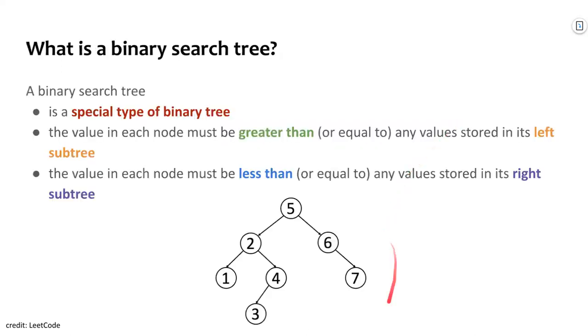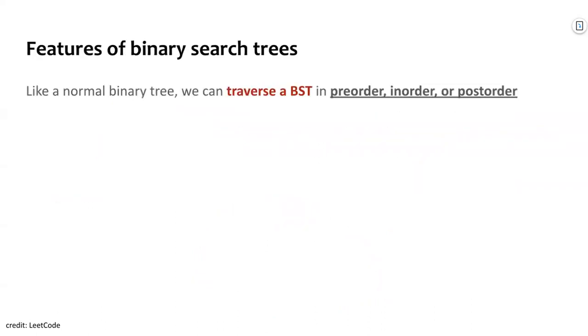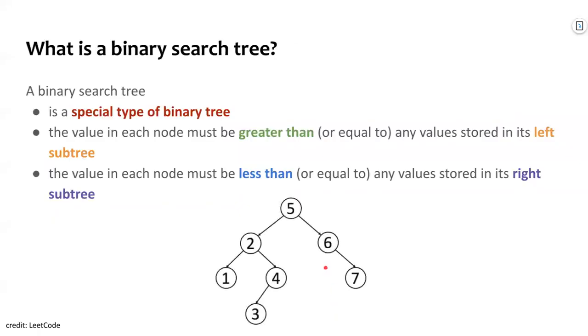So if you have a look at this binary tree, when we perform in-order traversal, we're going to wrap this tree in this way. And when we are passing the bottom side of a node, we're going to write down the value of that node.